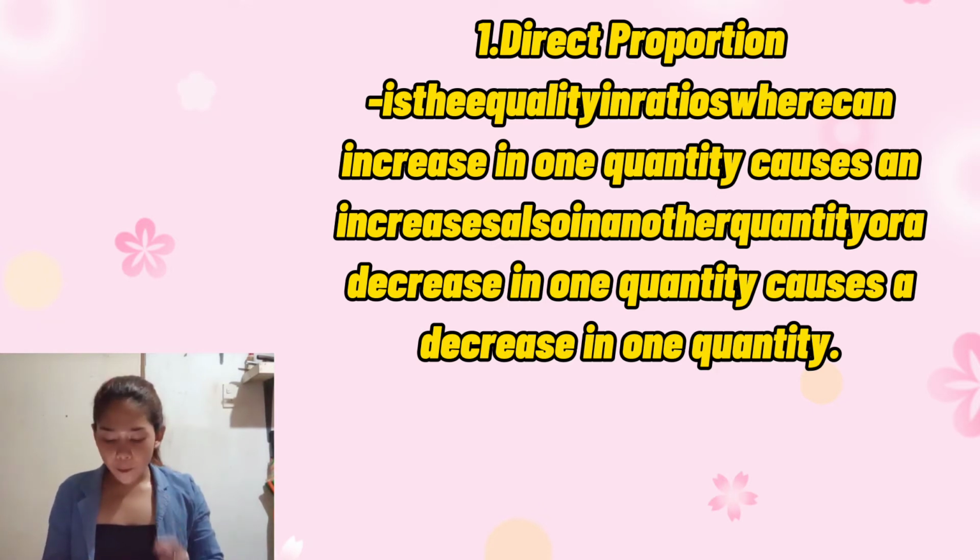Direct proportion is the equality in ratios where an increase in one quantity causes an increase also in another quantity, or a decrease in one quantity causes a decrease in the other quantity. If mo increase ang first statement, mo increase pod ang second statement.